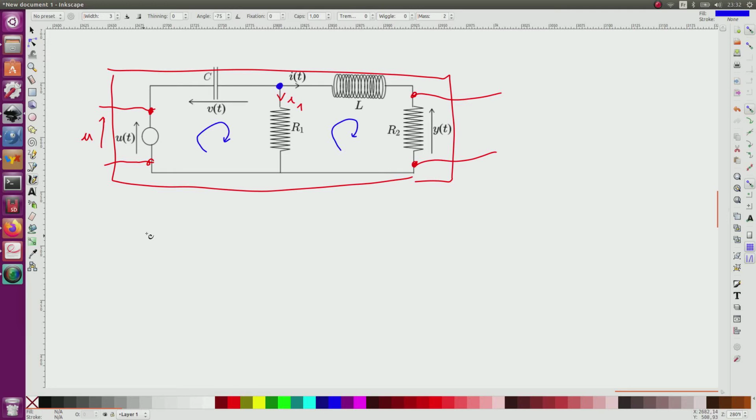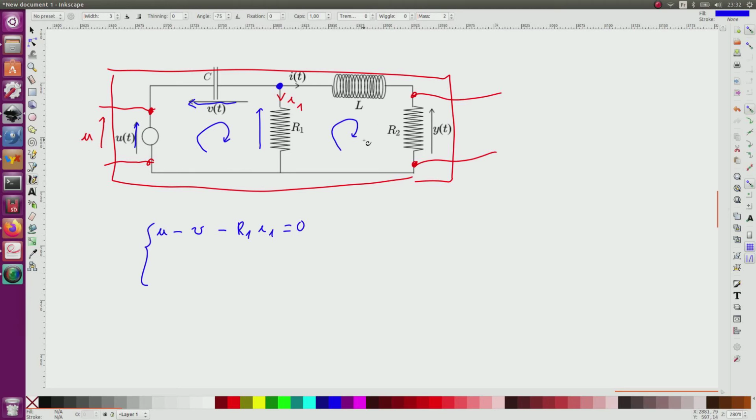So if I do this for the first loop, I will obtain U, so U here, minus, so I turn like this, minus V, this one, minus R1 I1 equal 0.